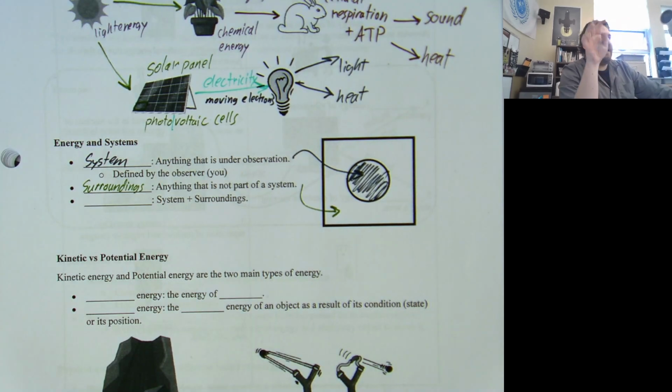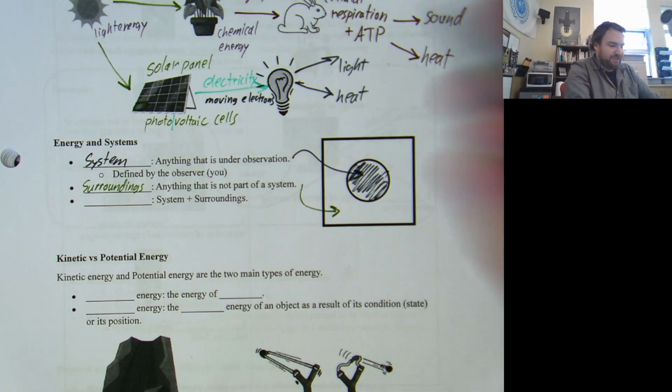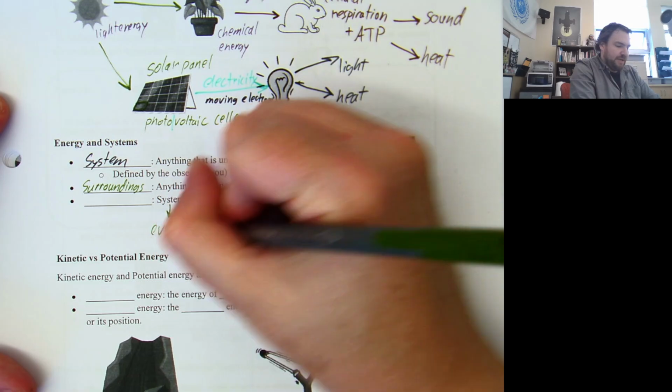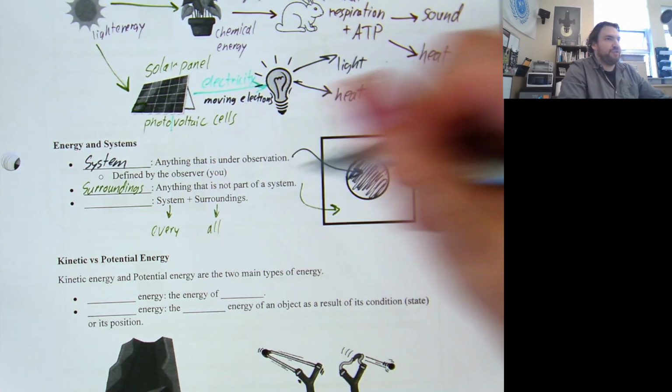System's what you're focused on. And then everything else is what are called the surroundings, the aroundness of your observed system. And if you take all the possible systems and all the possible surroundings, you get the ultimate system. What is the ultimate system? If you take every system and all the surroundings, what do you get?